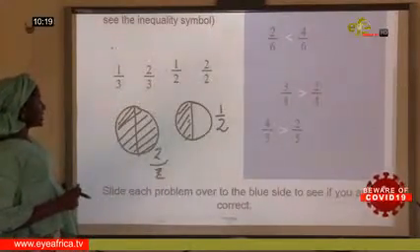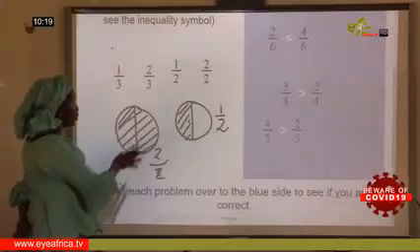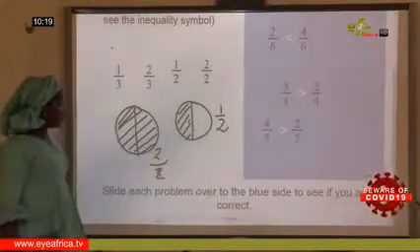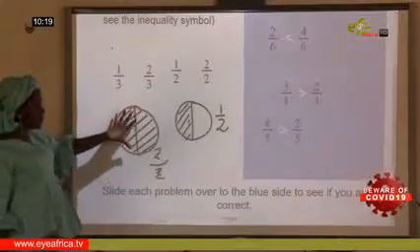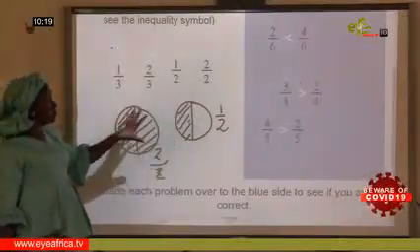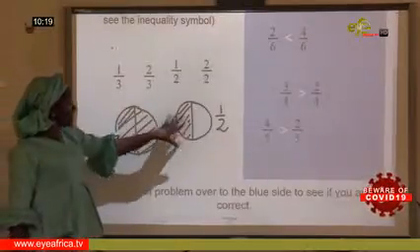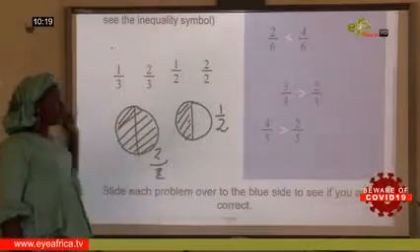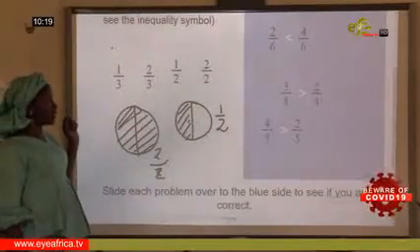So it is telling you now, this 2/2 and this one, which one is greater? Here we shaded the 2 parts. Here we shaded only 1. So look at the shaded portion. Is this greater than this? Or is this less than this? Or are they equal to? That is what the question is asking you.